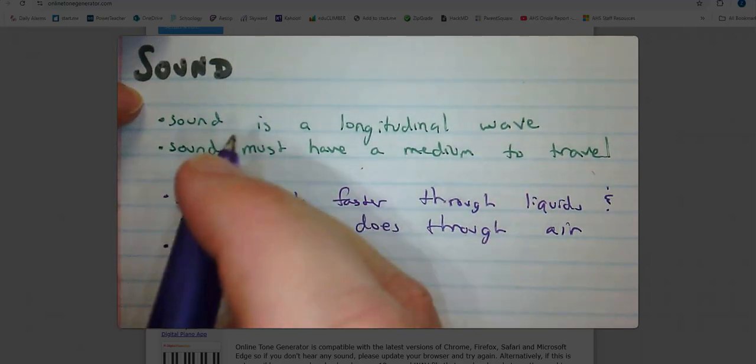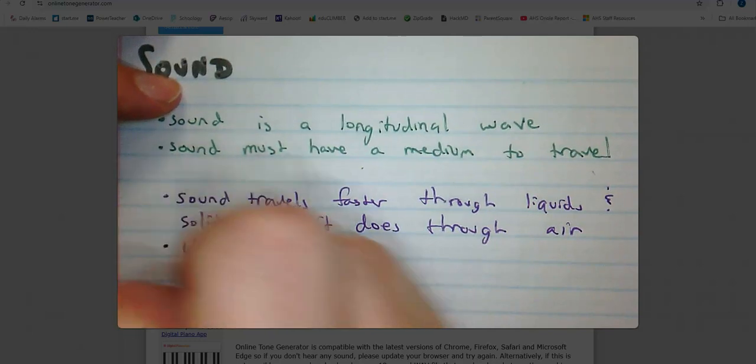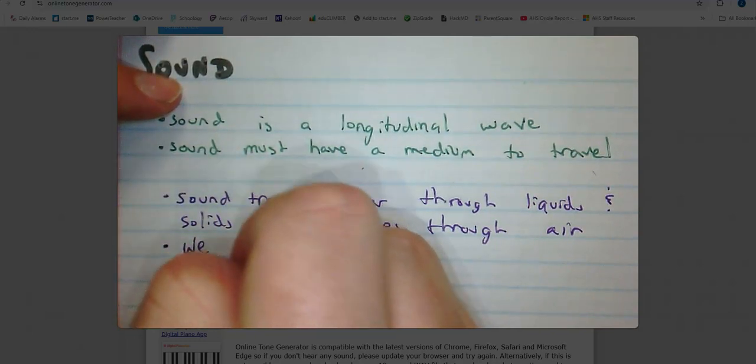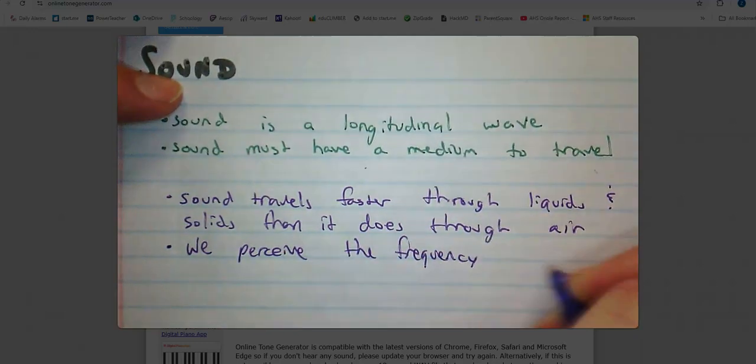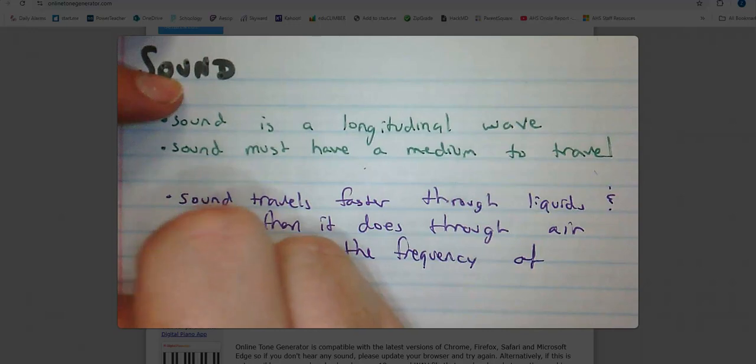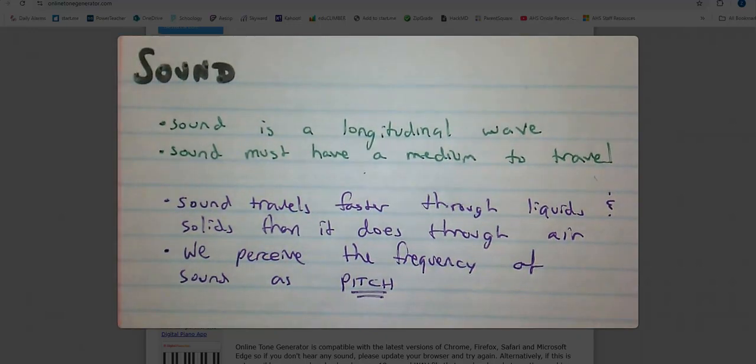Or I guess more to the point, we can say we, as in humans, perceive the frequency of sound as pitch. You get a higher pitch sound if it's a higher frequency.